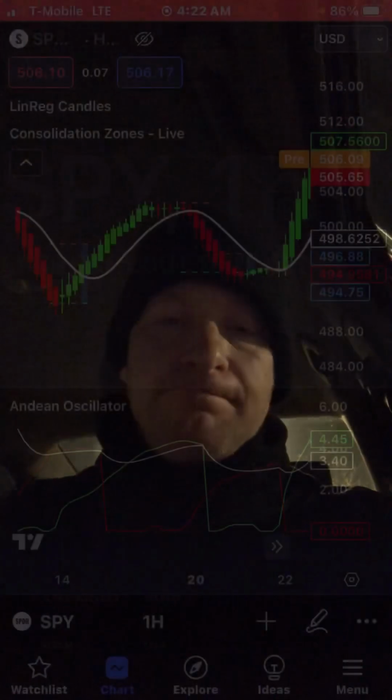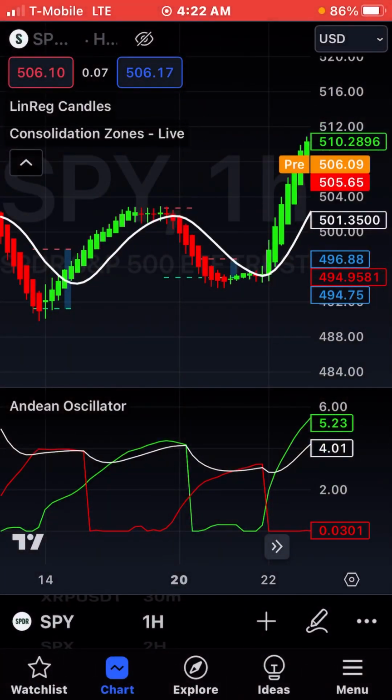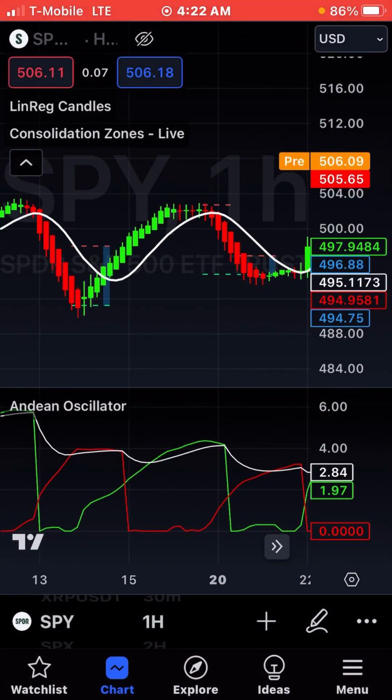But anyway, we're going to be looking at SPY. We'll look at the hour, and basically how to plug in the Andean Oscillator and how to find some pretty good moments to get in. We've seen one that is green, and I want to find one that's red.